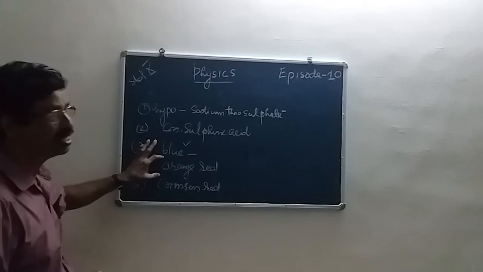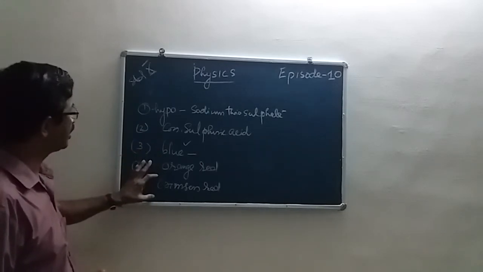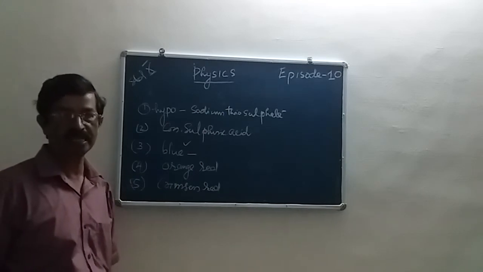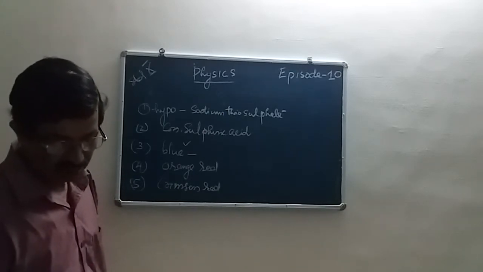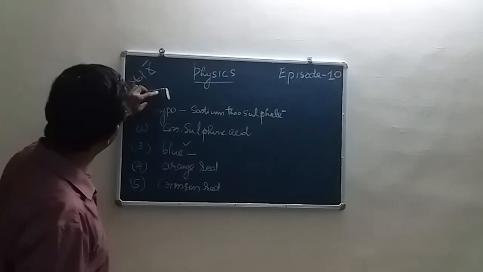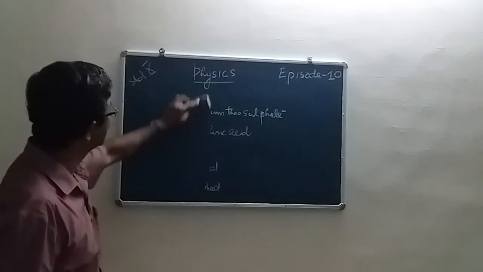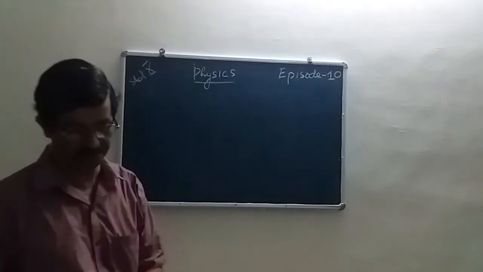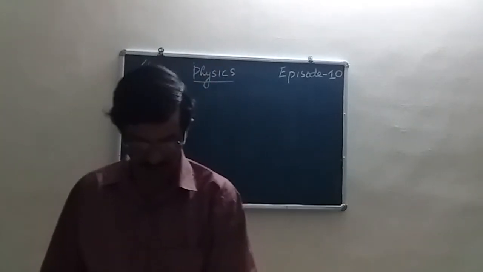Then at first orange red and crimson red, later we can observe from the fourth side. That also you want to remember. Now these are the things you want to remember from this unit: refraction of light and a colorful world.